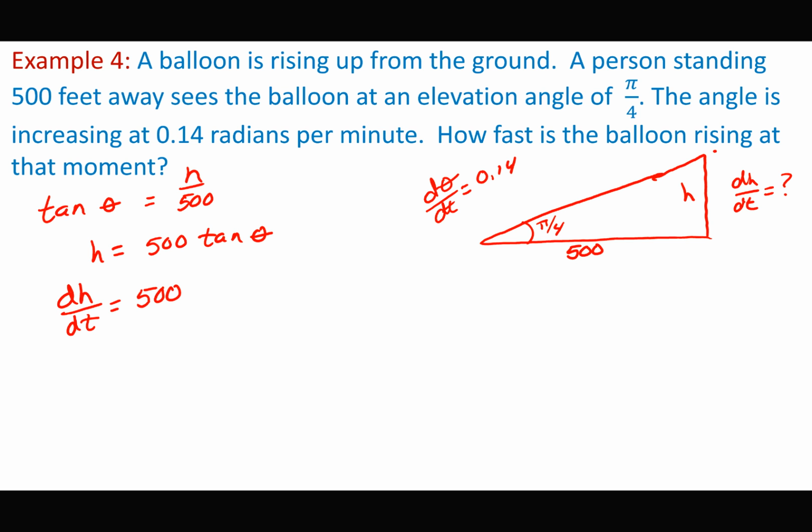What is the derivative of tangent again? Secant squared. So this is secant squared of theta times d theta/dt, because we're taking the derivative of tangent of theta with respect to t.